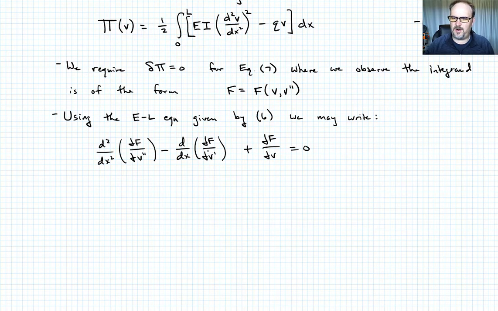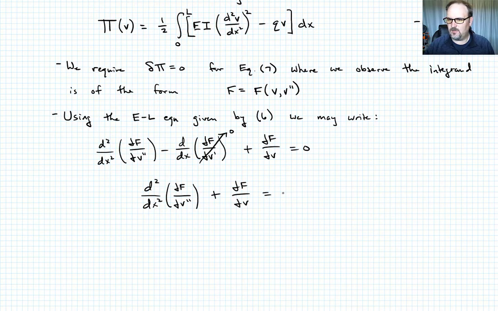But there's no V prime here, so partial f with respect to V prime must be identically 0, and we're left with this simplified Euler-Lagrange equation for this problem, which is just d squared dx squared of partial f with respect to V double prime plus partial f with respect to V is equal to 0. Let's call this equation 8.